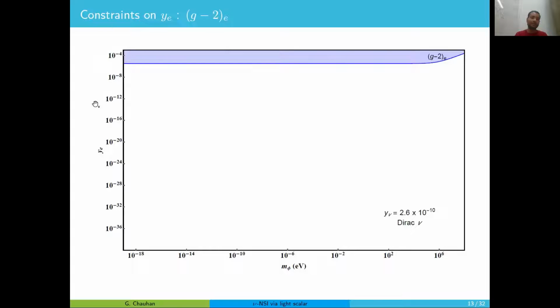On the y-axis, we have this coupling Y_e, and on the x-axis, we have m phi in electron volts, since this is a pretty light scalar. And this is for a constant value of Y nu that we got from the BBN constraint. So this is for the case of the Dirac neutrino, and this is a pretty constant constraint.